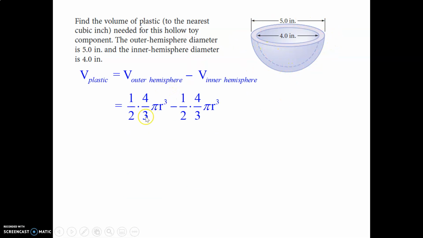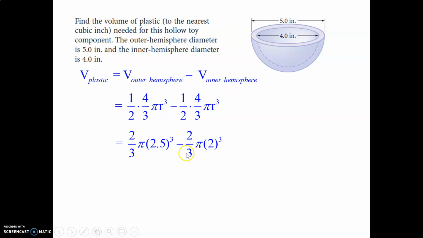So the outer hemisphere is half of a sphere, half times 4/3 pi r cubed, and the inner hemisphere is half of a sphere, so 1/2, 4/3 pi r cubed. Remember, the outer radius is 2.5, inner radius is 2, so I just substituted that in, and then I did some multiplication and some canceling. 2 goes into 2 once, 2 goes into 4 twice, so I'd have 2/3.